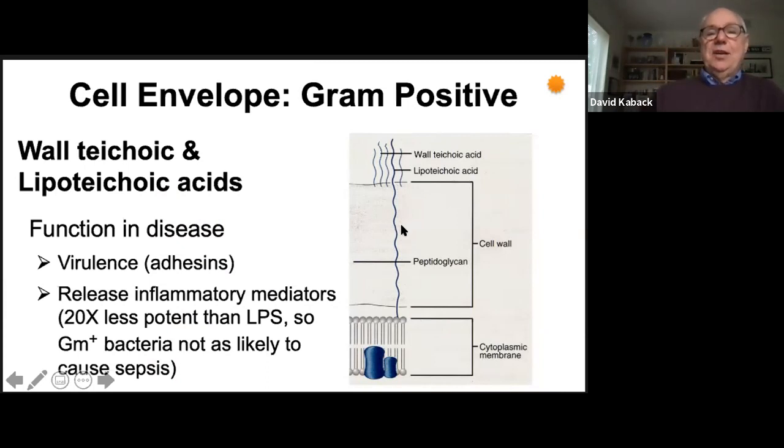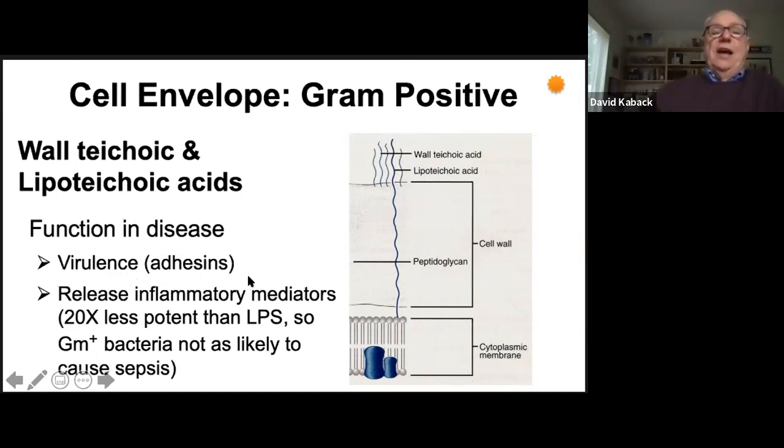And we have some teichoic acids, and again, they're sugar phosphate, I should say. There are some teichoic acids that just come from the peptidoglycan, as well as other teichoic acids that extend from the cell membrane. These are referred to as the lipoteichoic acids because they're covalently bound to the lipid. Now, it turns out that these teichoic acids are considered virulence factors.